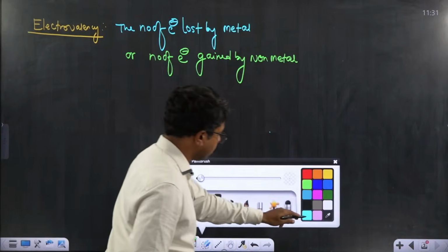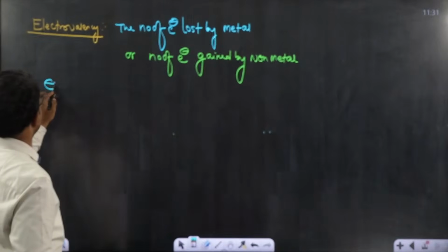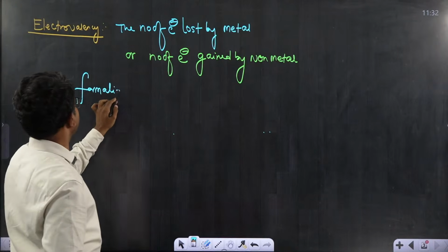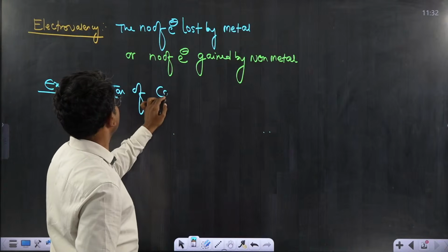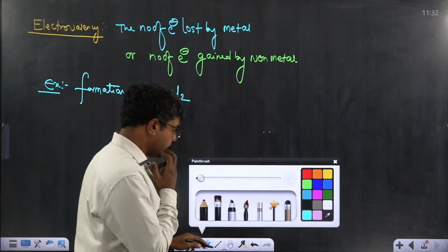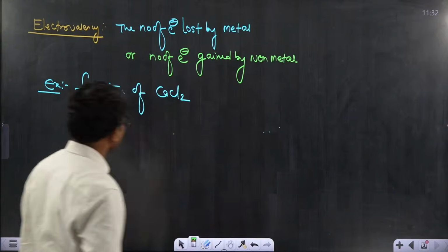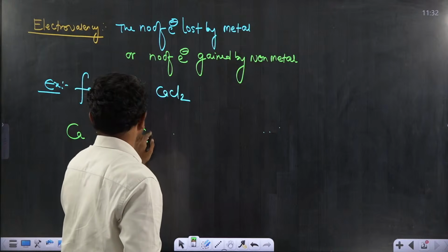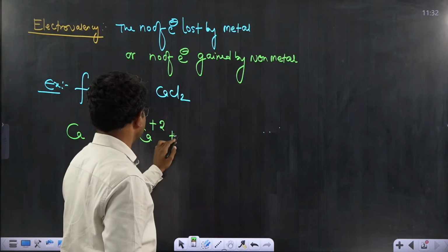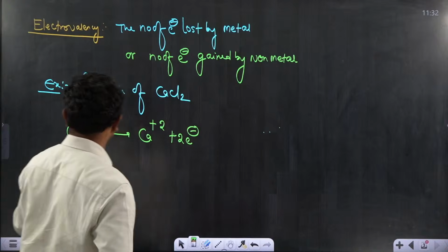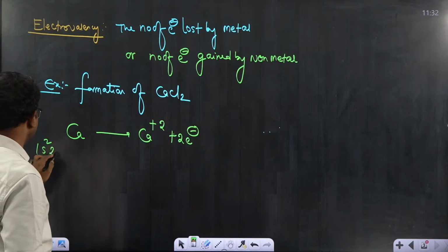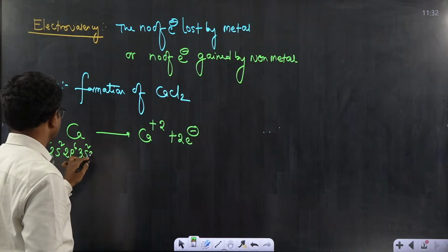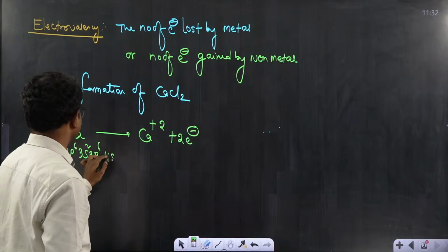Let us consider an example: the formation of calcium chloride. Tell me, students, in the formation of calcium chloride, calcium has to lose how many electrons? Calcium has to lose 2 electrons. As we know, the configuration of calcium is 1s2, 2s2, 2p6, 3s2, 3p6 and 4s2.